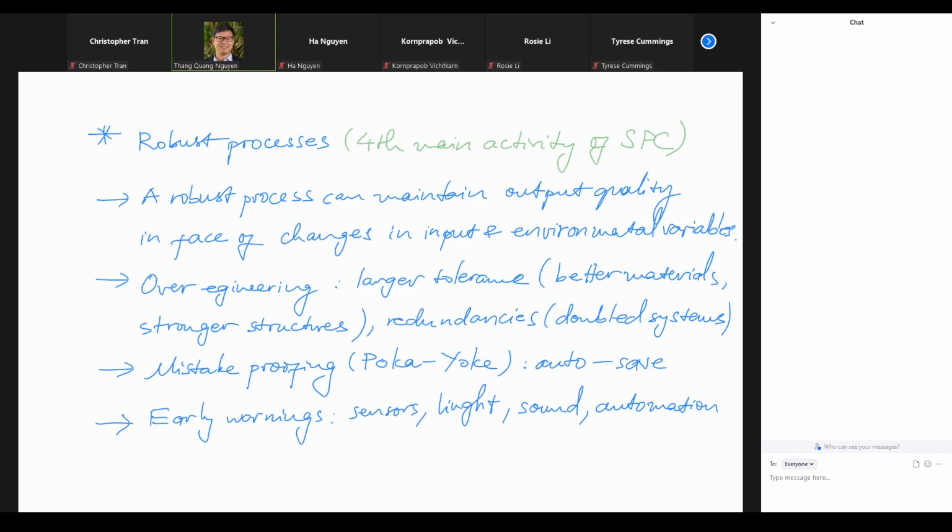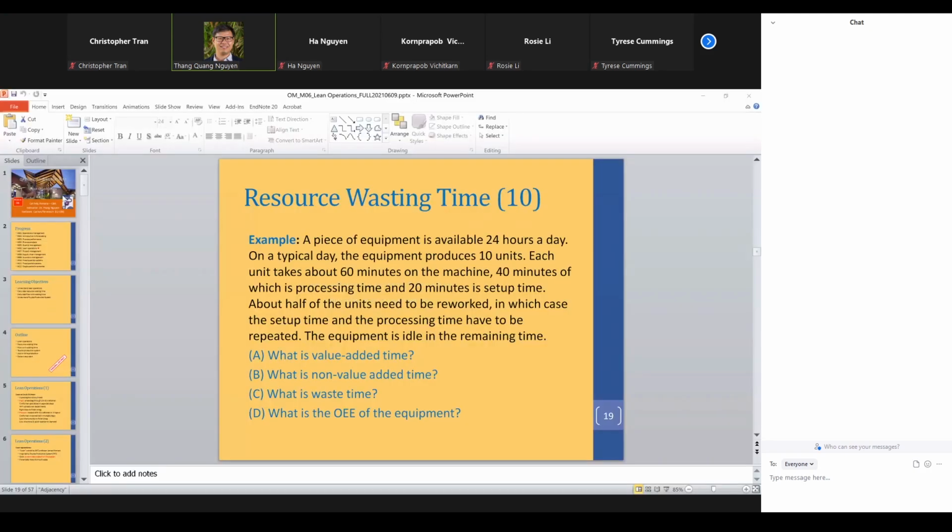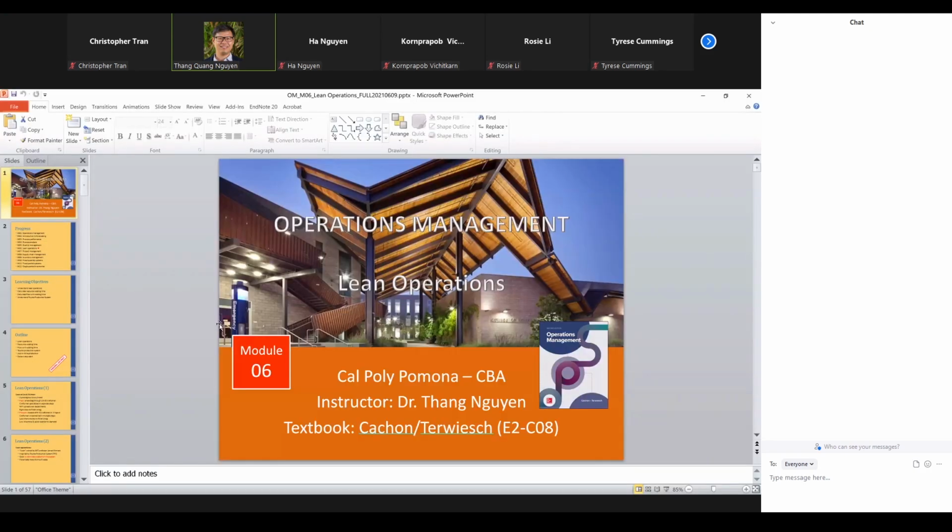So I would like to move on to the next module right away. Let me share that with you. Module 6 is about lean operations, and this module is mainly based on chapter 8 in our textbook.